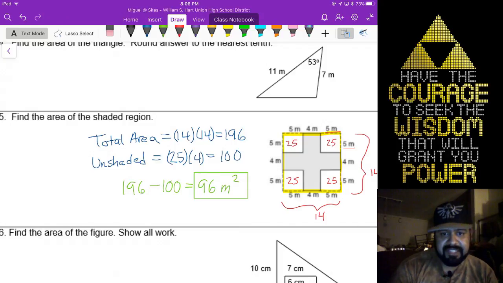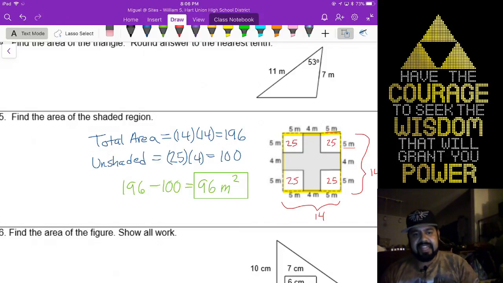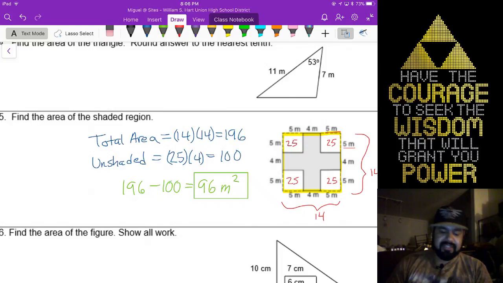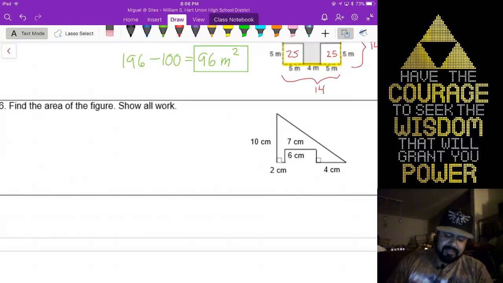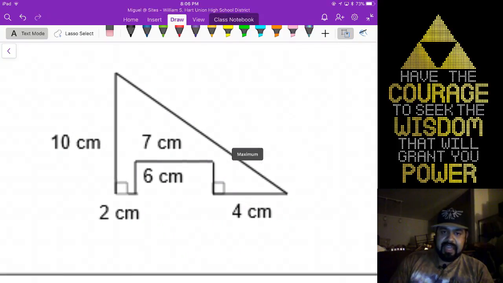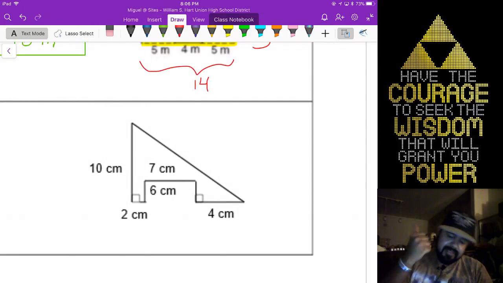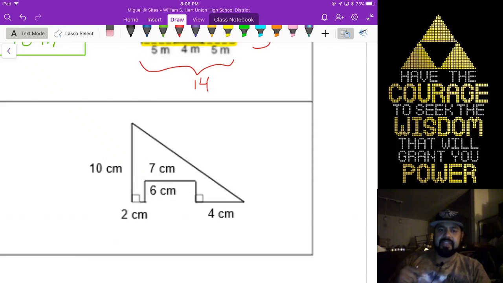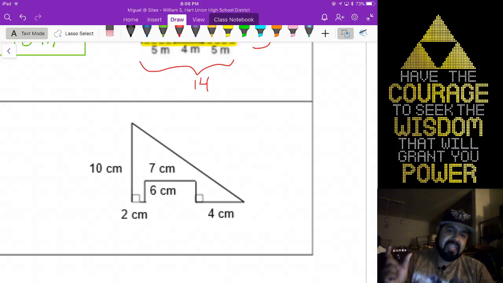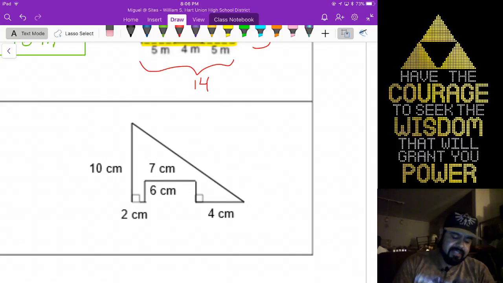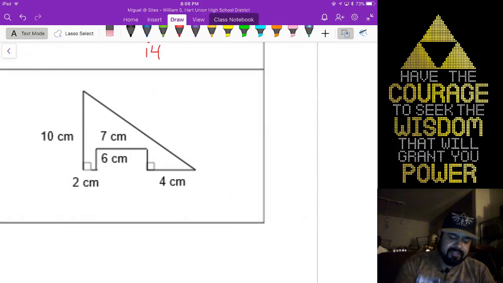Now, number 16 is actually going to be almost exactly the same thing. So let's go ahead and jump right to it. So 16, I identified that I have a triangle, and I want to take away the area of that invisible rectangle, you could say.